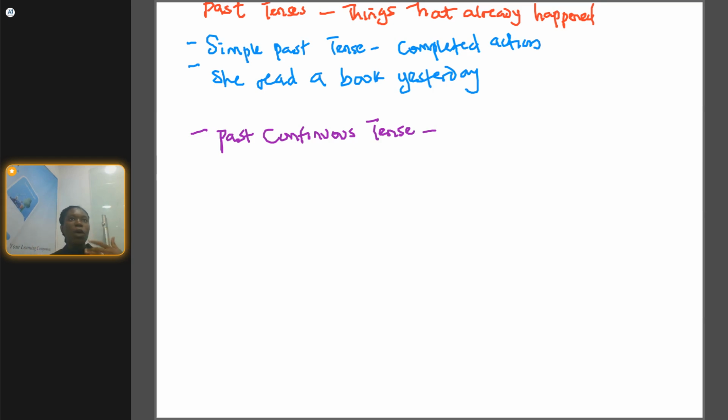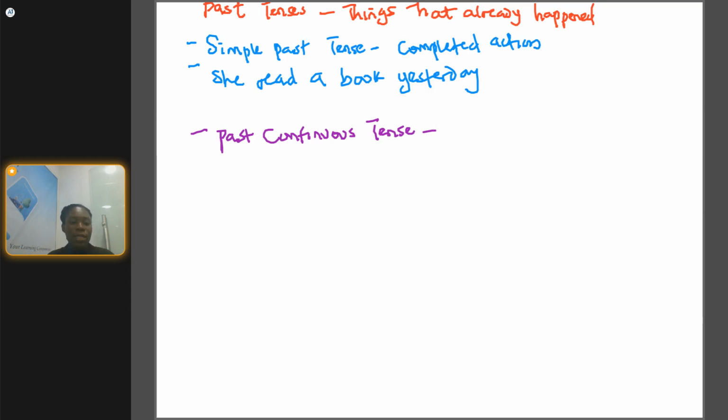So you can think of it like when you're watching a movie, okay? You're looking at the TV and you're watching a movie, then power goes off suddenly. Now you have two actions in a sentence. You were watching a movie, which is one past action, then the power goes off suddenly. So we have two happenings in that sentence, but both of them happened in the past. One started happening, then another one happened.